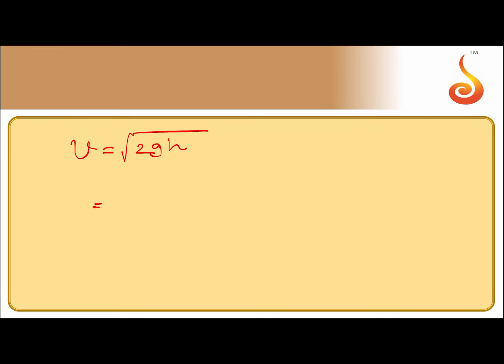Let's see how to find the velocity of efflux from an orifice of a tank in which pressure is 4 atmosphere. Suppose this point is at atmospheric pressure and this point is at a pressure of 4 atmospheric pressure.